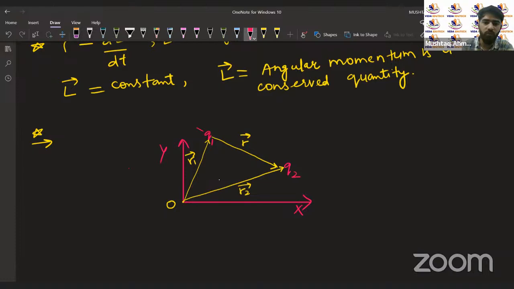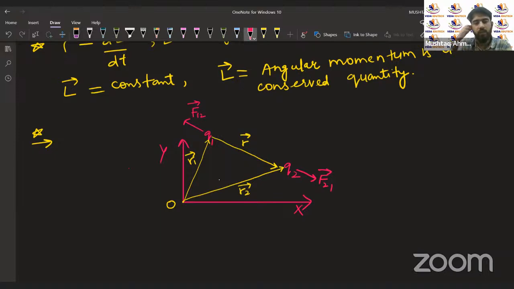Let's suppose this is the direction of force on q1 because of q2, and the direction of force on q2 because of q1 will be opposite. This is the force on q2 because of q1, right?